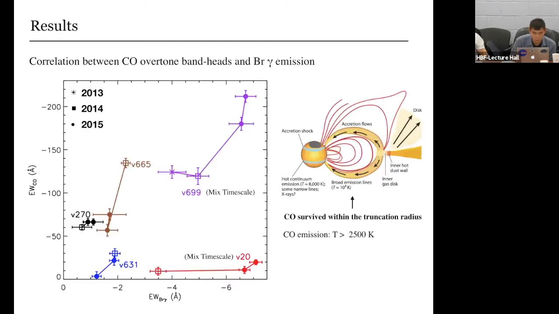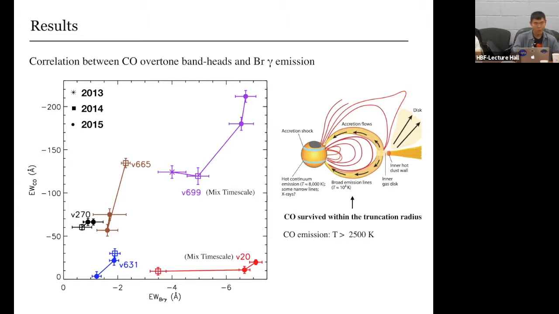We can also find some correlations between the CO band emission and the Brackett gamma emission, because both are thought to be rough indicators of the mass accretion process. We found that they sort of have a correlation, but not a really tight one, especially when we discuss the variability over different years.